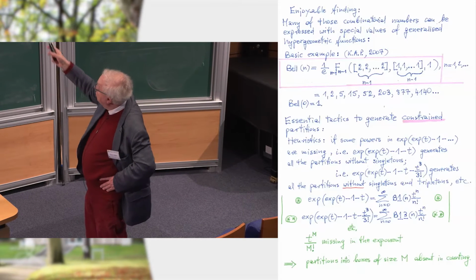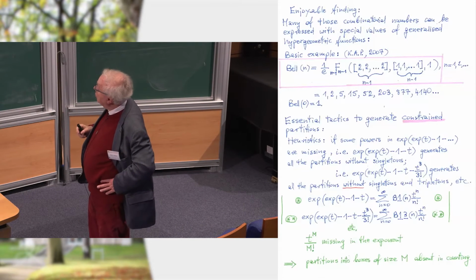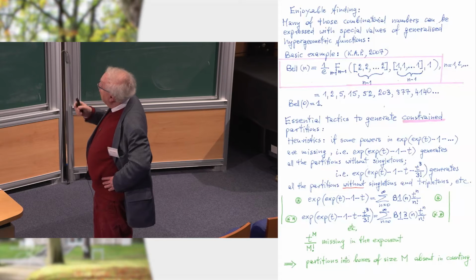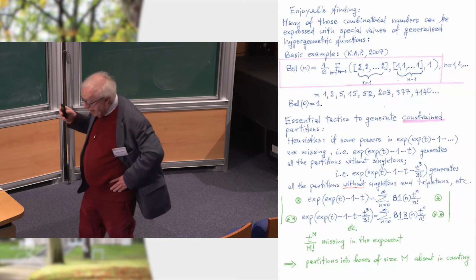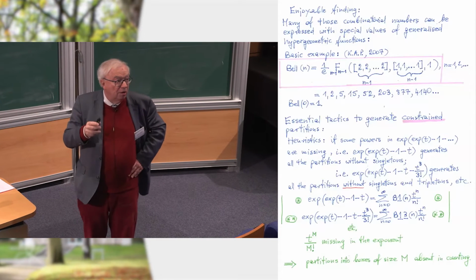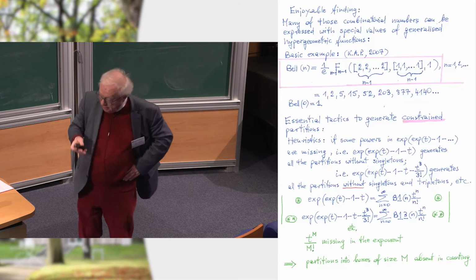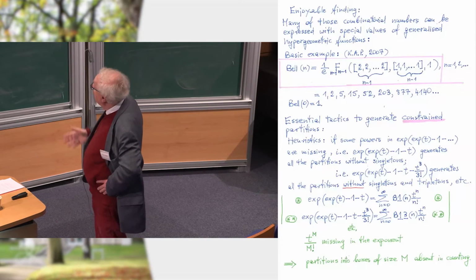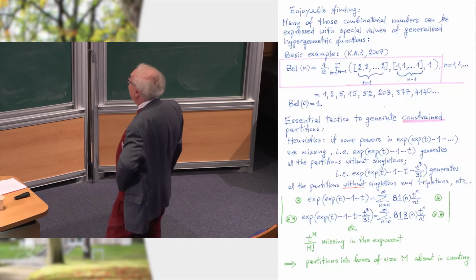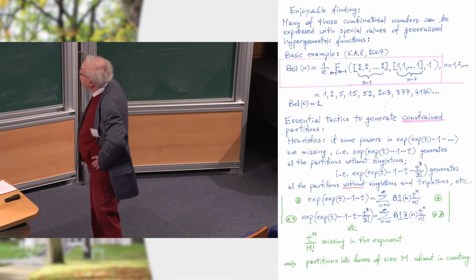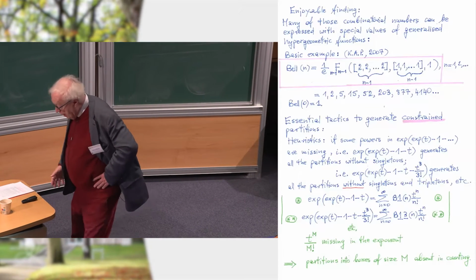And the second list are the lower parameters of the hypergeometric function, and they are all equal to 1. And the parameter value is equal to 1. So already you see that these Bell numbers are expressible through hypergeometric functions.